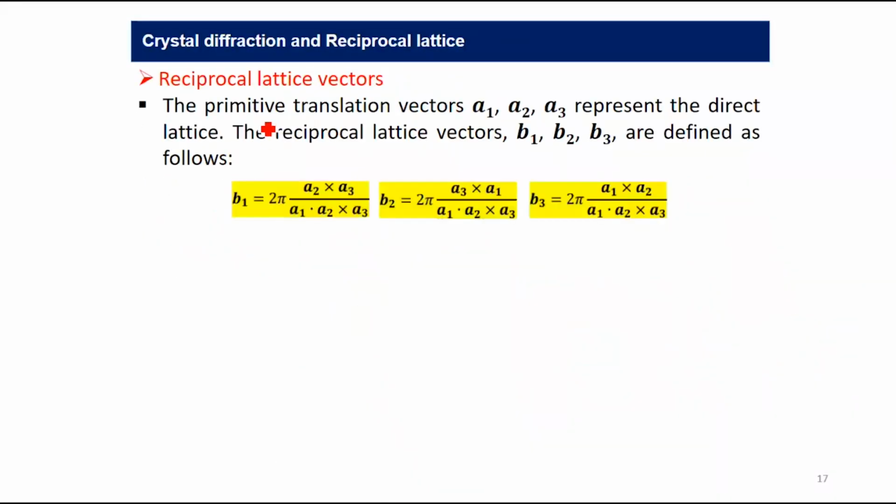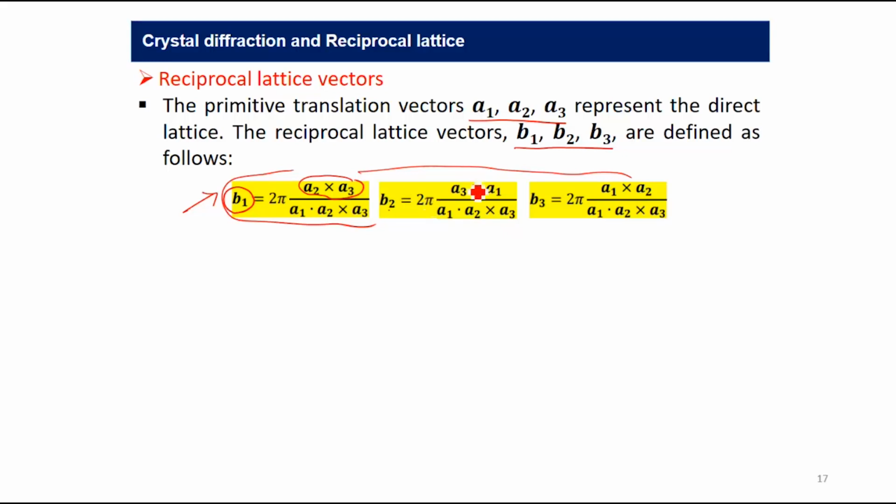So now the reciprocal lattice vectors, how do you do this mathematically? If the primitive translation vectors a1, a2, a3 represent a direct lattice, the reciprocal lattice vectors b1, b2, b3 are defined as simple as this. Whenever it is b1, you just take a cross product of the other two, a2 cross a3.